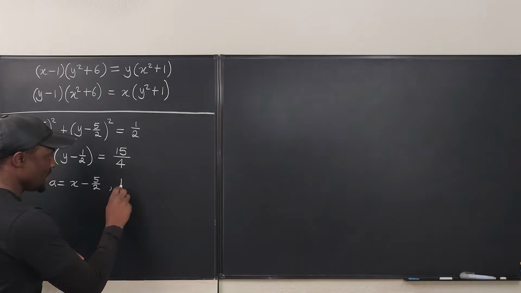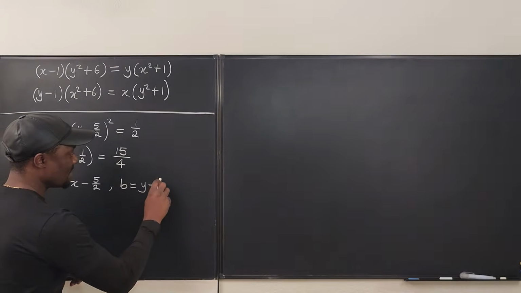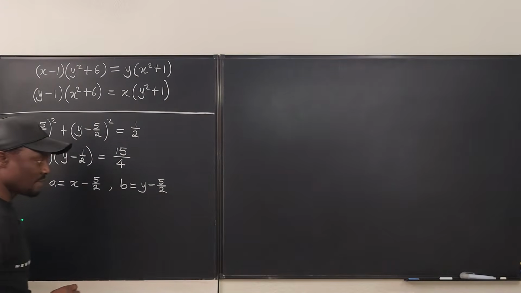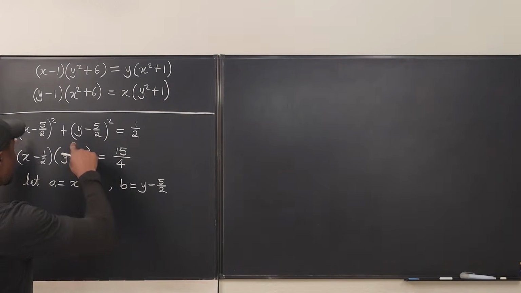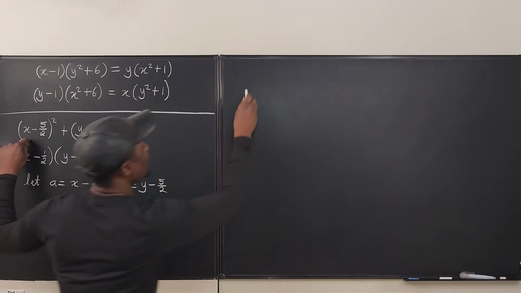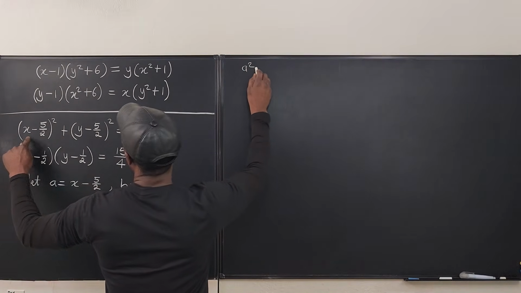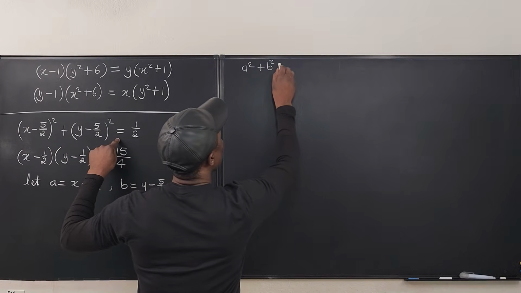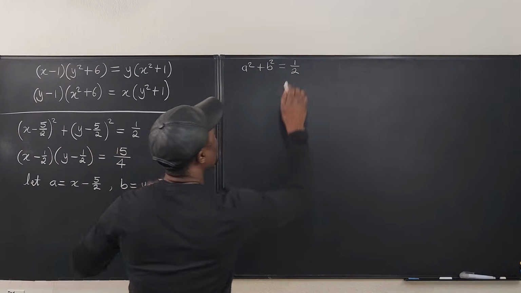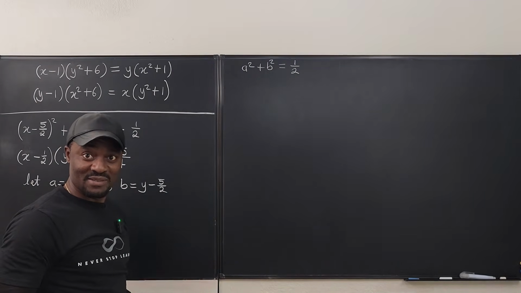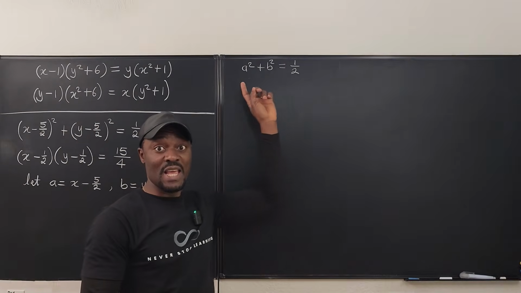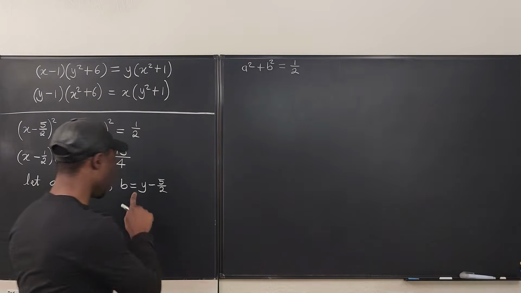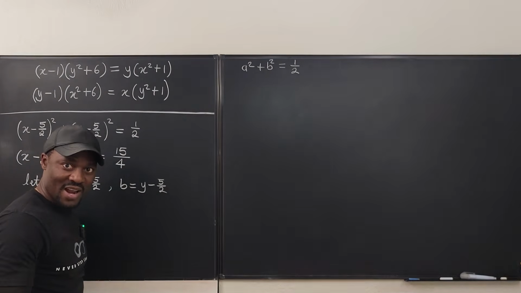Okay, and let b be equal to y minus 5 over 2. So that means what we have here can be written as a squared plus b squared equals 1/2. That's easy to deal with, right? So after we get a and b, we just come back and find what x and y are, right?